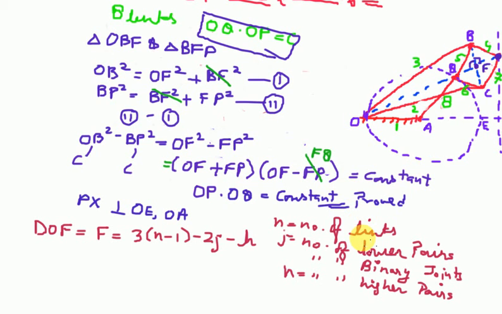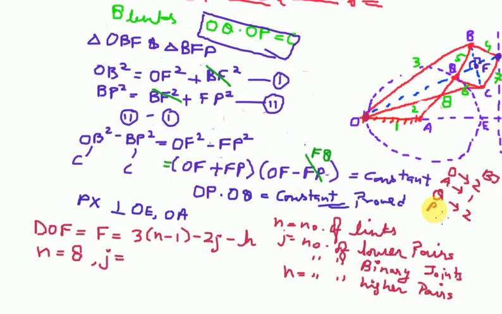So the total number of links, we already know that n is equals to 8 in case of peculiar mechanism. So total number of binary joints are, here at point O there is a ternary joint, so we can say 2 binary joints. At point A there is 1. At point Q again there is a ternary joint, so it is equals to 2 binary joints.